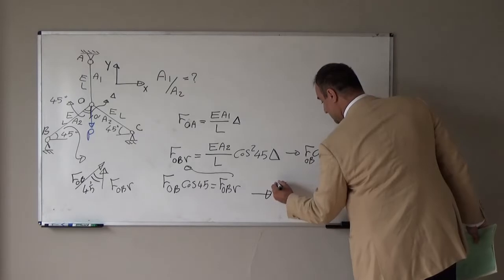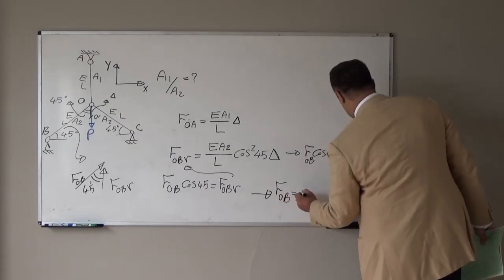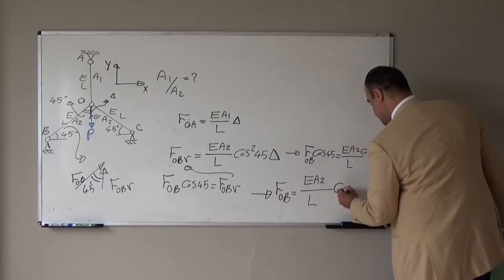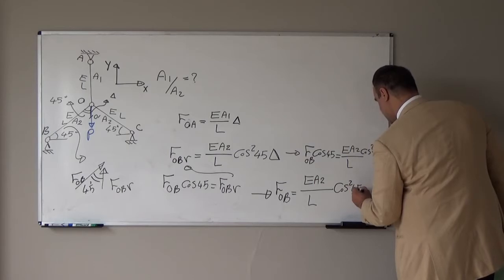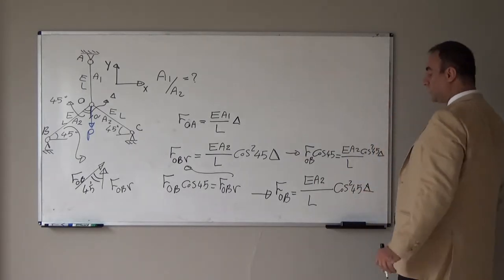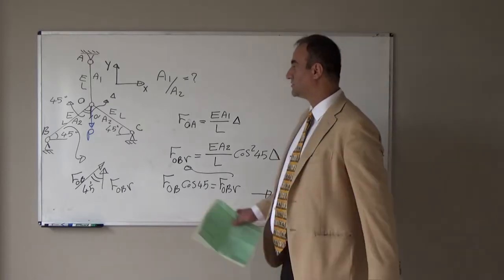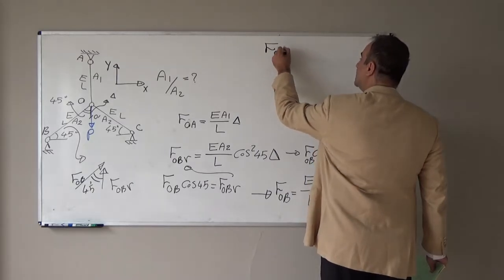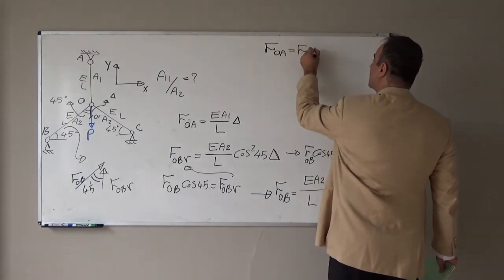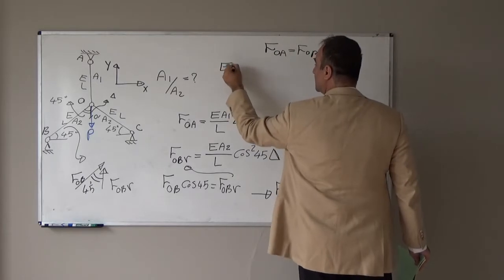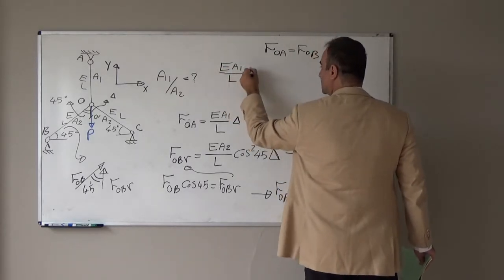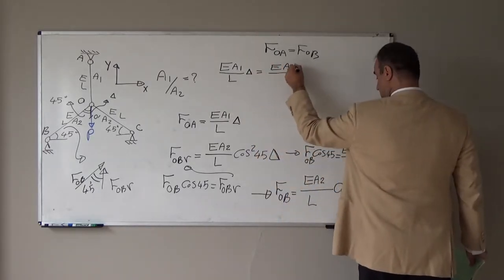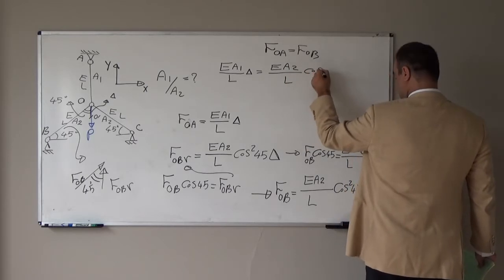From here, FOB will be equal to EA2 over L cosine square 45 delta. The problem statement says the internal forces in these members should be equal, so FOA should be equal to FOB. FOA is EA1 over L delta, which should be equal to EA2 over L cosine.